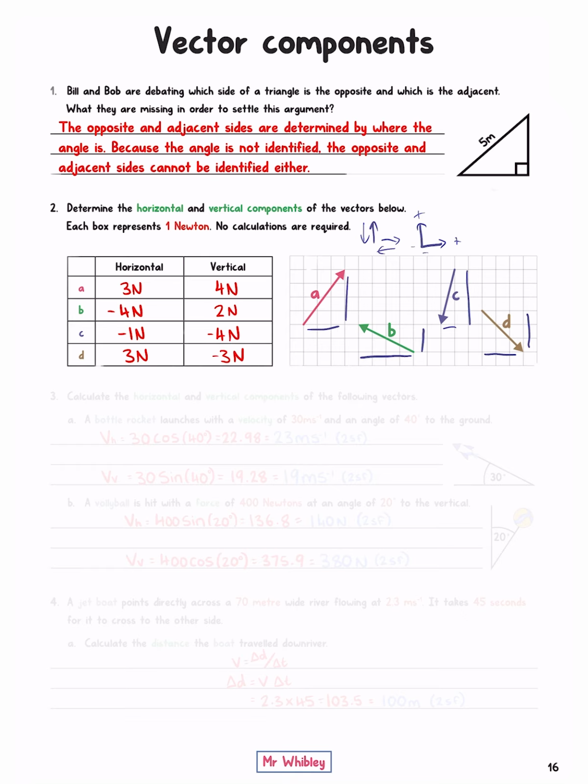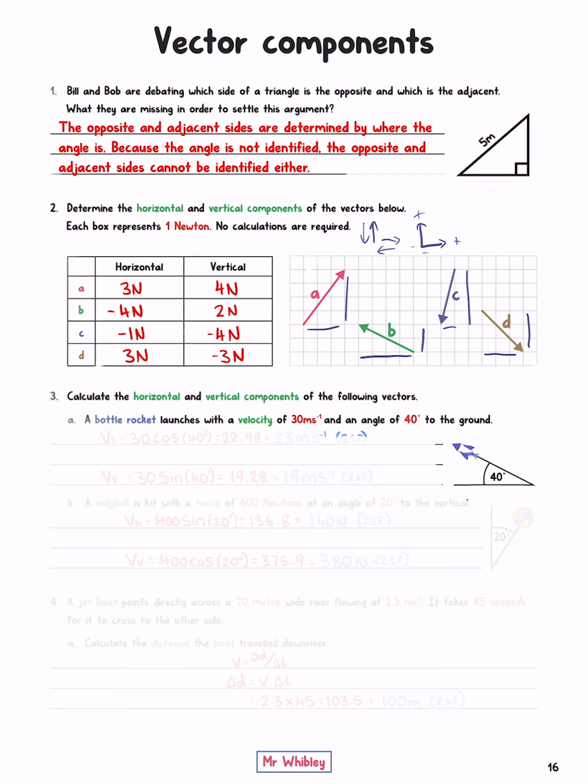Question 3. Calculate the horizontal and vertical components of the following vectors. A bottle rocket launches with a velocity of 30 meters per second and an angle of 40 degrees to the ground. If we look at our diagram here, our right angled triangle, we have an opposite side here and the adjacent side here. To find the horizontal, our horizontal side is our adjacent, so we need to use the CAH relationship.